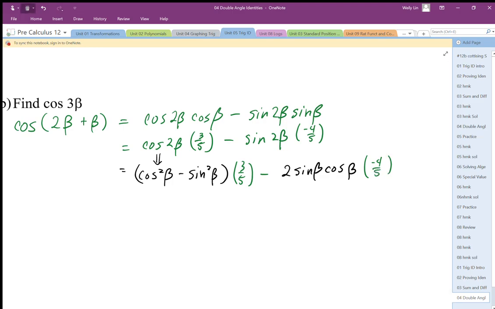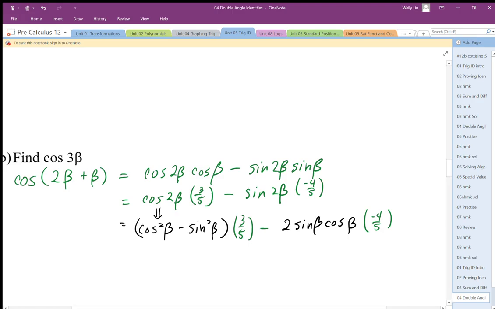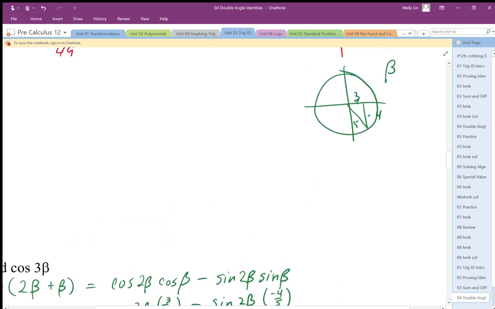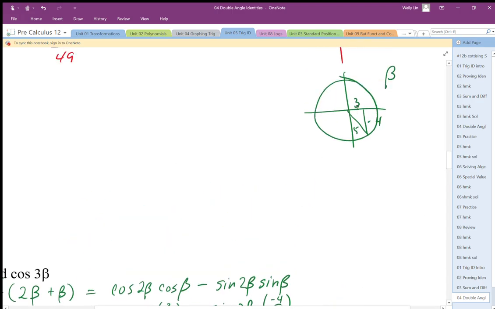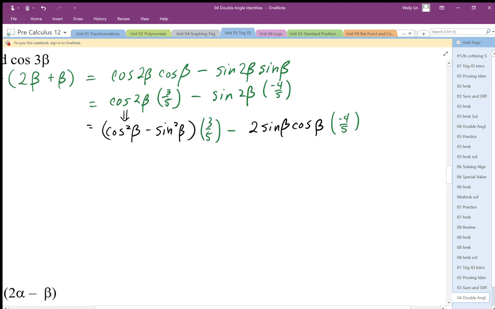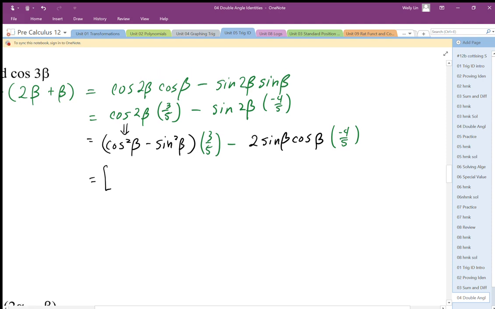Once I have that, I have everything in terms of a single angle beta. I can go back to my picture and replace the cos beta and sine beta with the equivalents for that single angle beta. So cosine of beta looked like it was 3 over 5 squared.